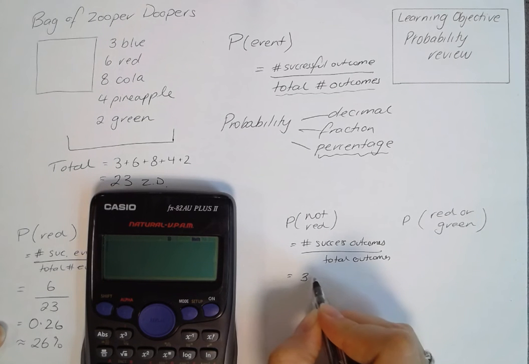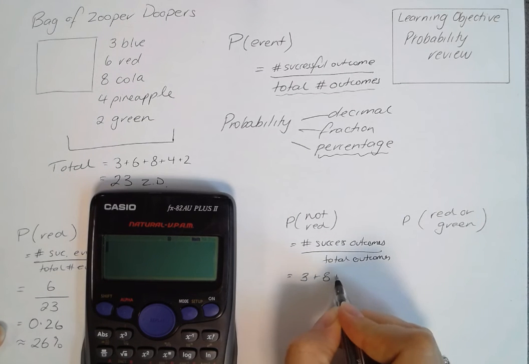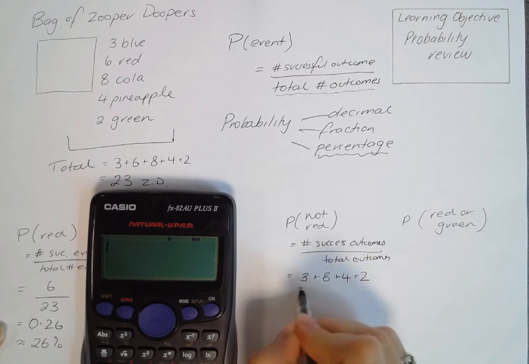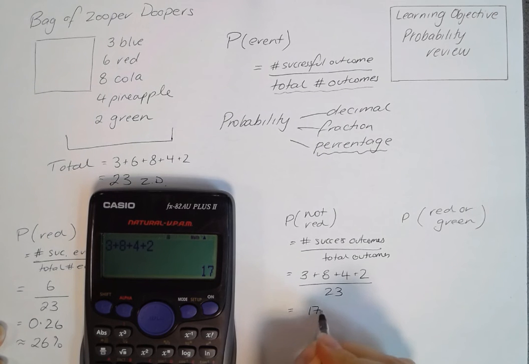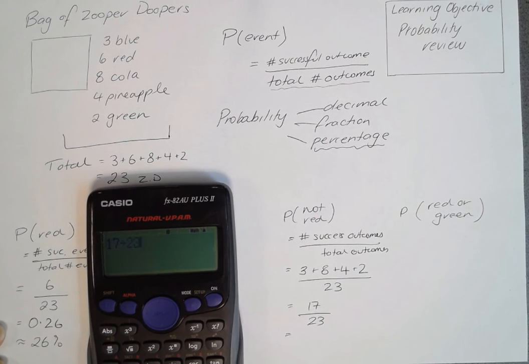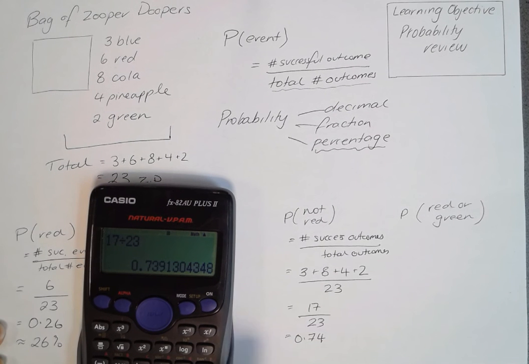So if we got a blue, or a cola, or a pineapple, or a green, that would be okay. So let's total them all up. 17 divided by 23. We will do that sum now. 0.74. We will round that up, which is approximately 74%.